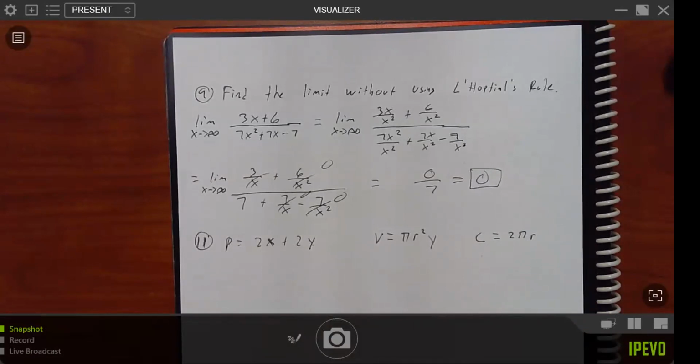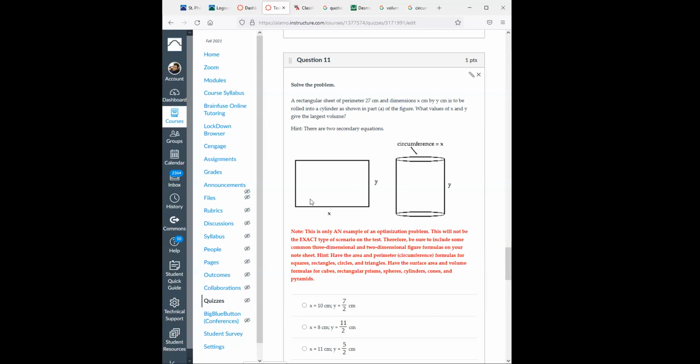If you look at this, I'm rolling this piece of sheet up into a cylinder. So they're saying that x is equal to the circumference. So x is equal to 2 pi r, right? Is that what you guys are understanding?